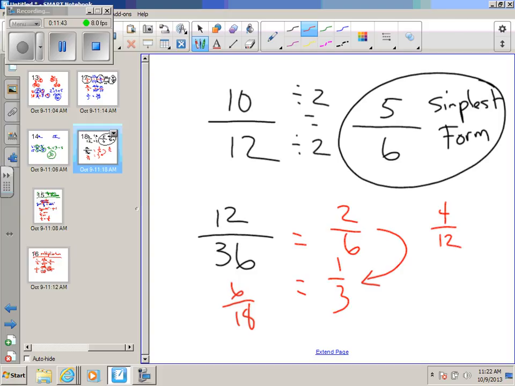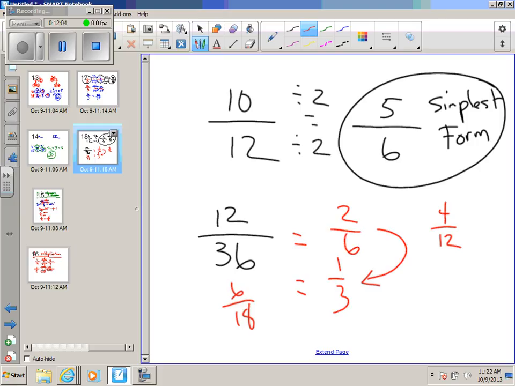Okay. Now some of them you'll luck out. Like for this 12/36, you got a bunch of different options because they have so many what in common? Factors in common. Yes. Only if they ask you.